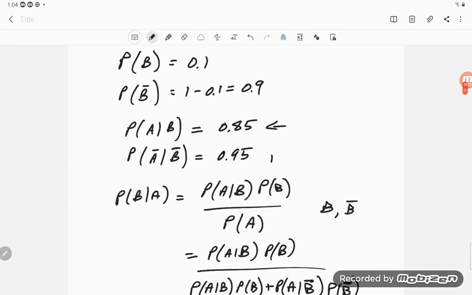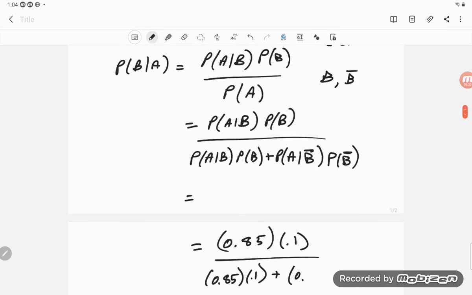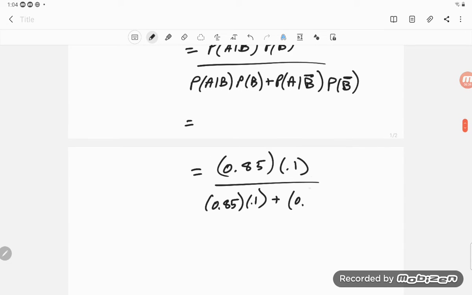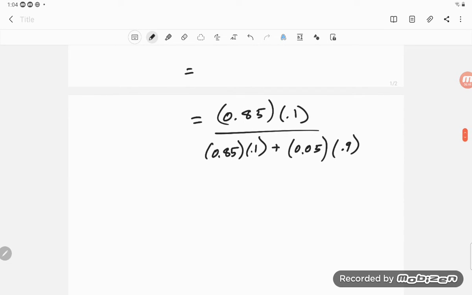But the probability of A given B complement is just 1 minus 0.95, or 0.05. And so I have 0.05 times 0.9. And so I do that calculation.